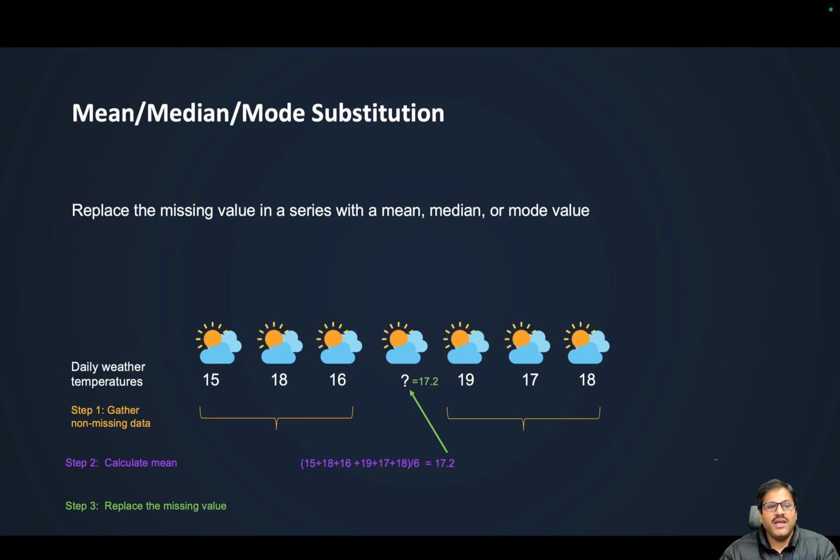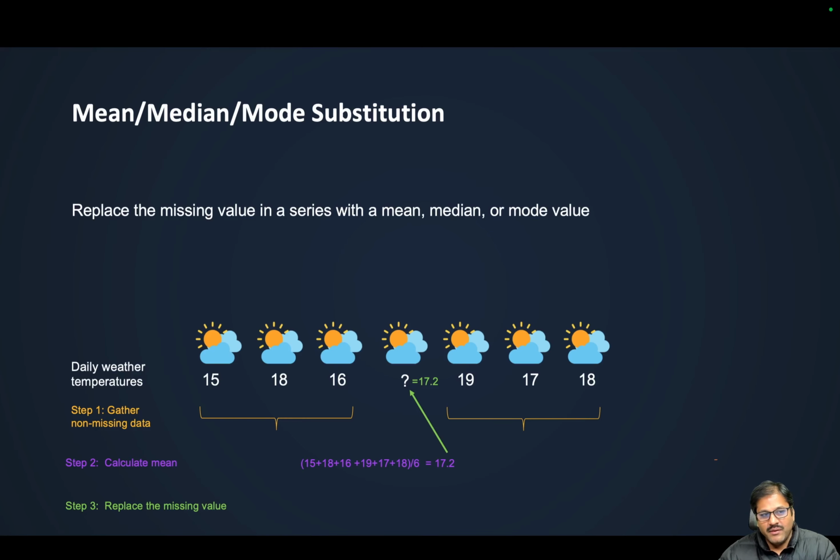This is called mean substitution. If we use the median of the available values, we call it median substitution strategy. Similarly, if we use the mode, we call it mode substitution strategy to fill up the missing data.